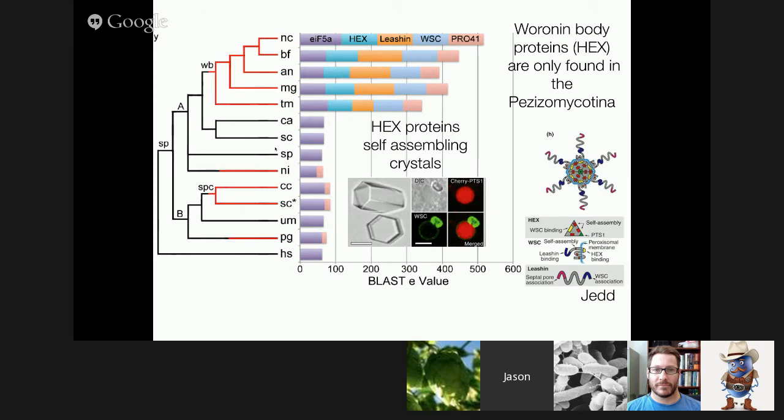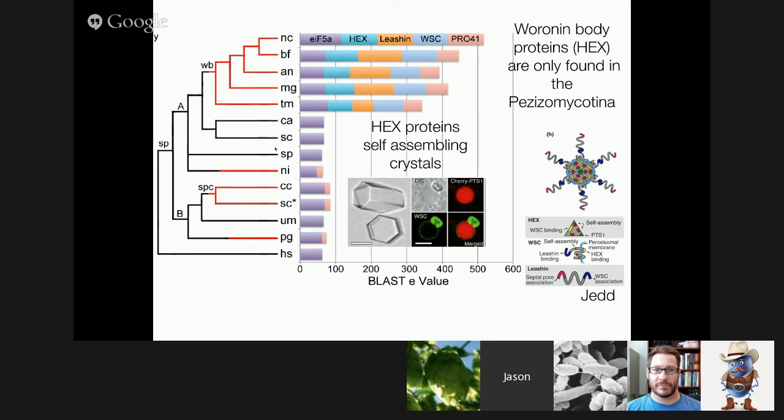To do this, at the top we took genes that are necessary for making these Woronin bodies. They're part of a set of genes called the hex proteins. The hex proteins are called hex because if you purify or make the protein, it self-assembles into hexagonal crystals. It has this really interesting property of aggregating.